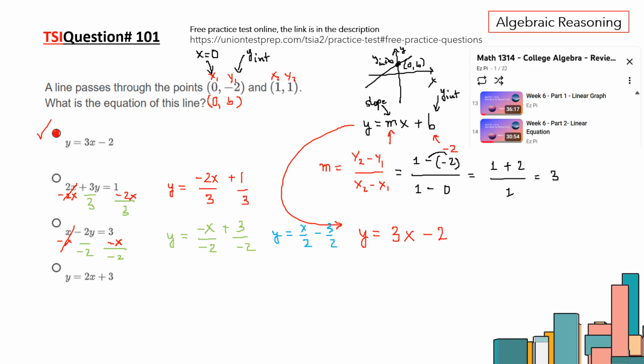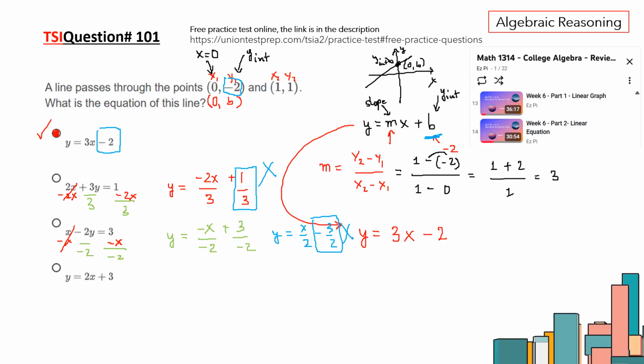Okay, and we know this form is the slope-intercept form, right? So the first one is good because you have the y-intercept right here. This one has a y-intercept of 1/3, so it's not. This one has a y-intercept of -3/2, it's not.